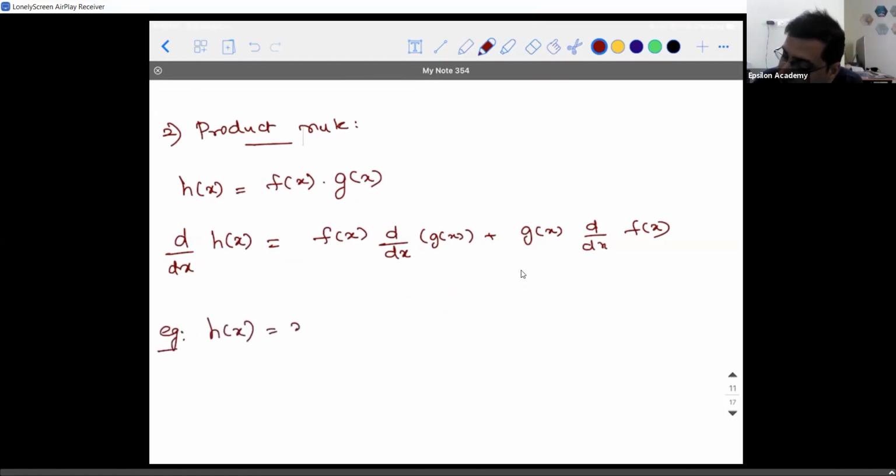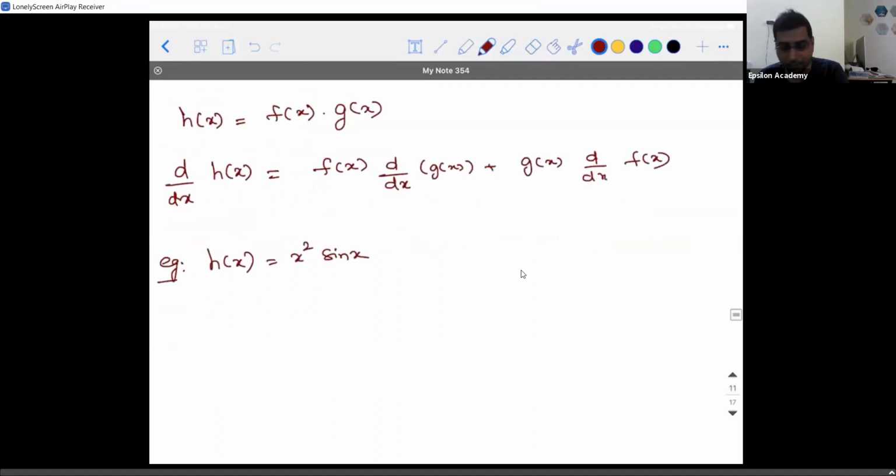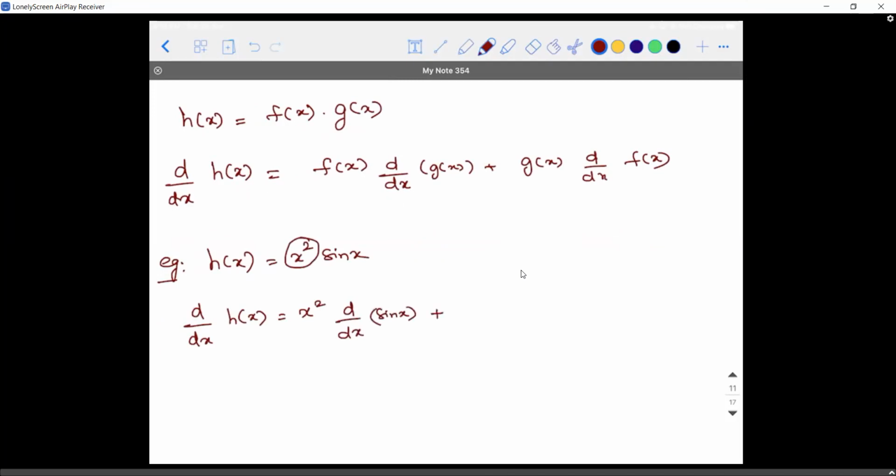Let's say h of x is equal to x square into sin x. What would be the derivative of h of x? x square into d by dx of sin x plus sin x into d by dx of x square.